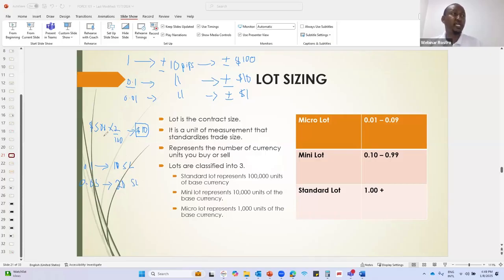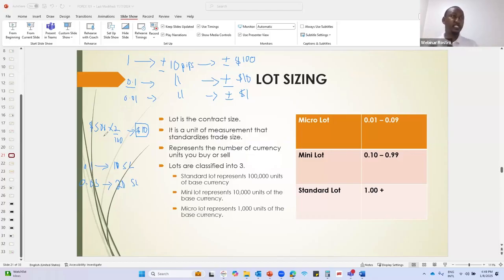The higher the lot size, the higher the risk. You will start learning how to do analysis in the intermediate session, and I will share the link for the intermediate session at the end.